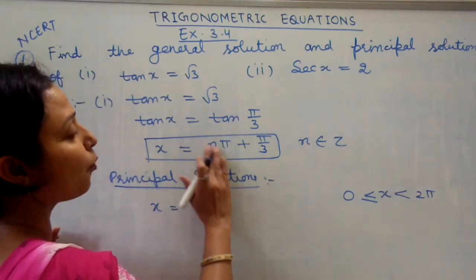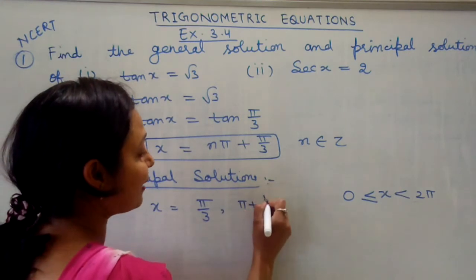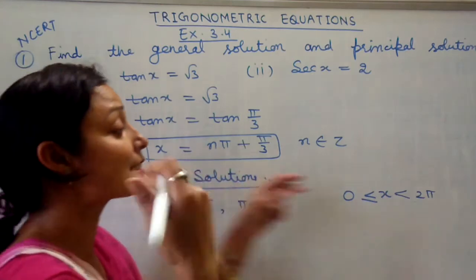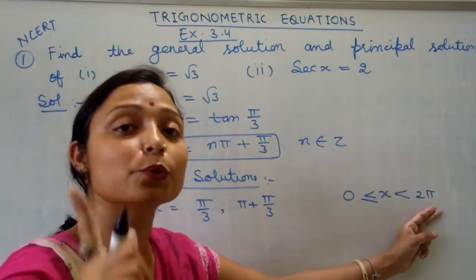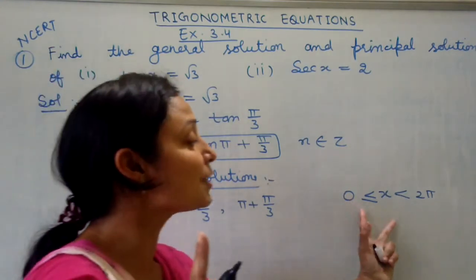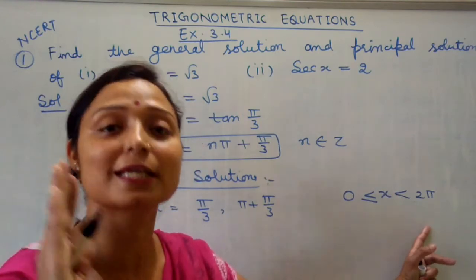When you put 1, it is pi plus pi by 3. When you put 2, it is 2 pi plus pi by 3, that is greater than 2 pi, so there is no need to take that value. You have to take only these two values, because they lie between 0 and 2 pi. That is the principal solution.